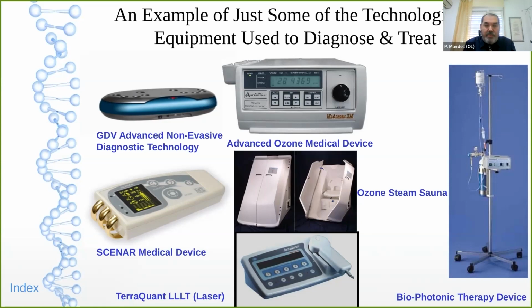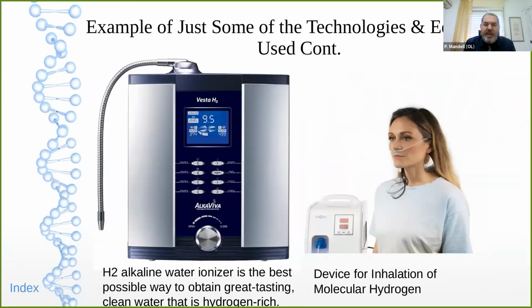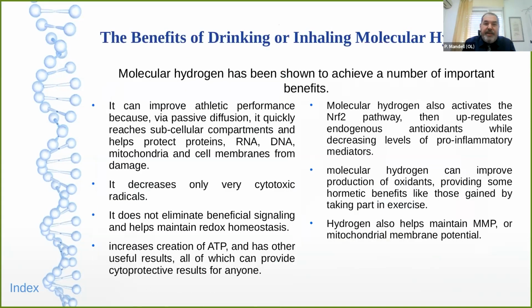So we'll now move forward to the slides. This is a magnetic resonance device, also a plasma wand. These are also all quantum-based medical tools. This is hydrogen, inhalation of molecular hydrogen, as well as enriching water for getting that into the body.